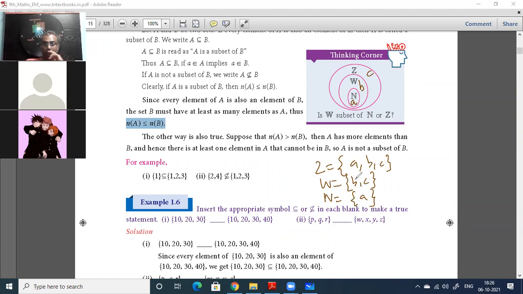If I draw a Venn diagram like this, Z is equal to {A, B, C}. Is W a subset of N? No, it's not a subset of N. But N is a subset of W, because all the elements in N are there in W. So W is a subset of what then?